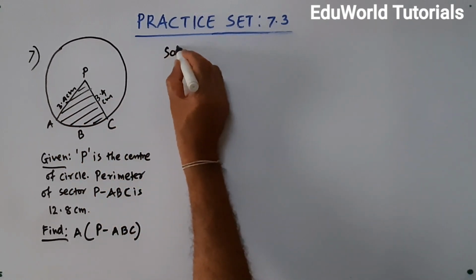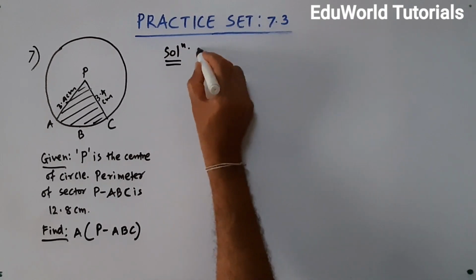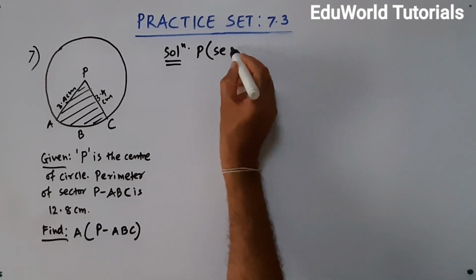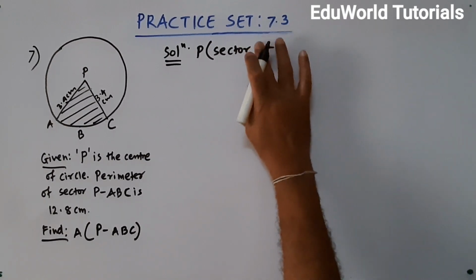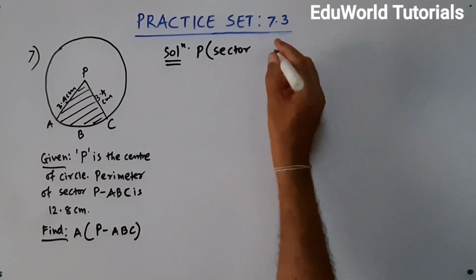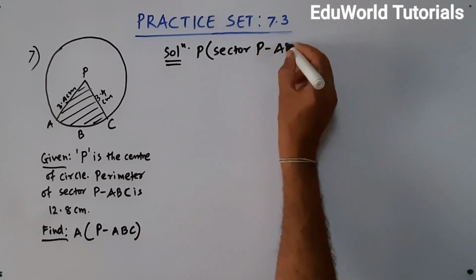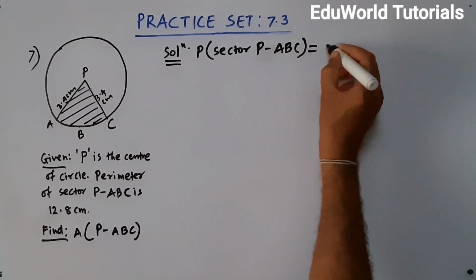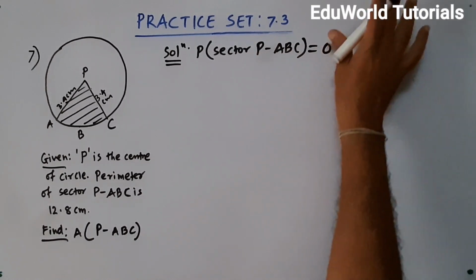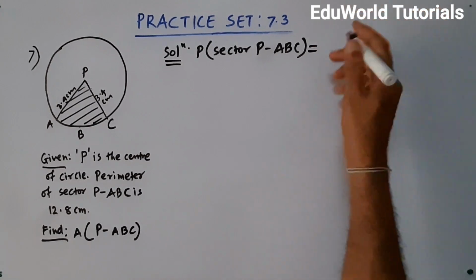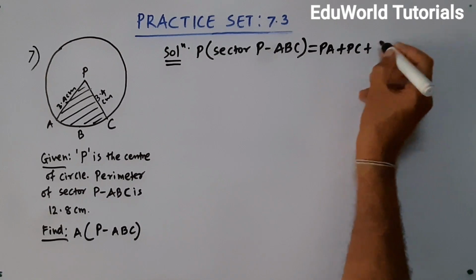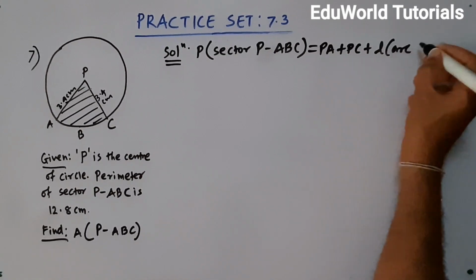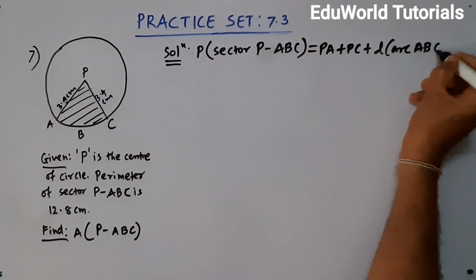So in the solution, what will we write, student? Perimeter of sector, sorry, it's not O, it is P. Center of the circle is P. Perimeter of sector PABC is sum of radius PA, another radius PC, and length of arc ABC. This makes the perimeter.